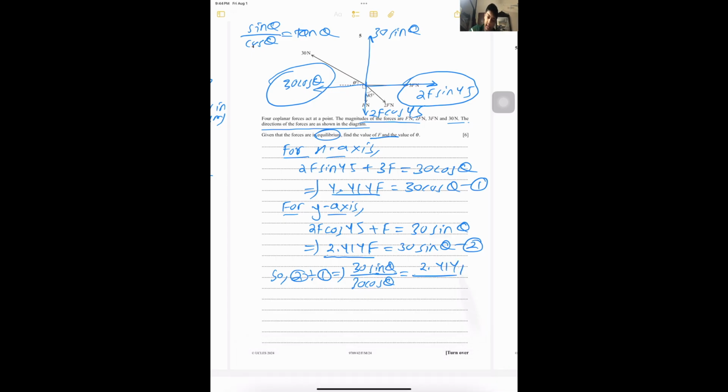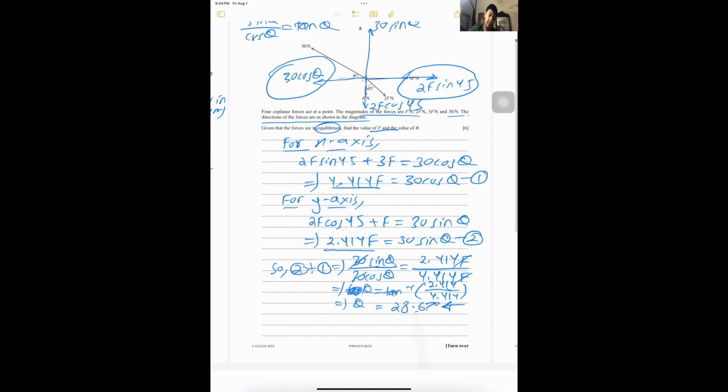Now just cancel the f's and the 30s, and we get tan theta. Theta equals tan inverse of 2.414 divided by 4.414, which is finally 28.67 degrees.